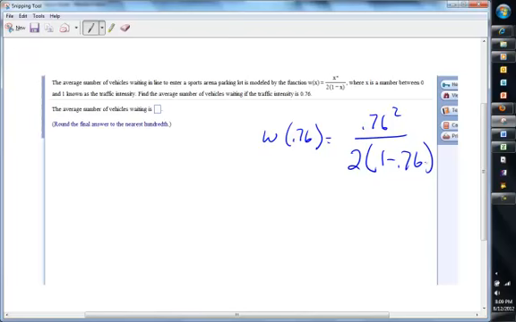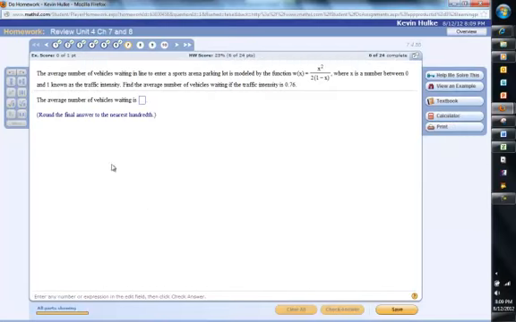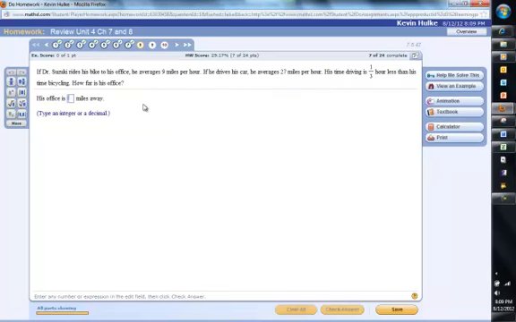Record your answer to the nearest hundredth, 1.20. Number 8, Dr. Suzuki.